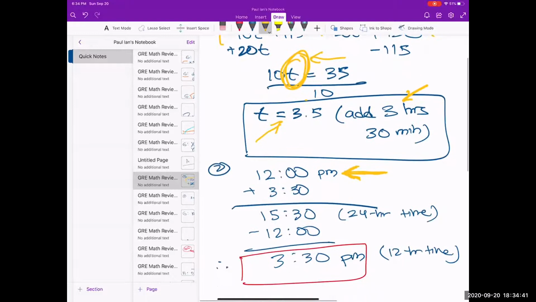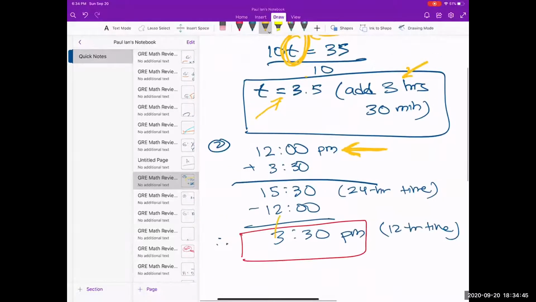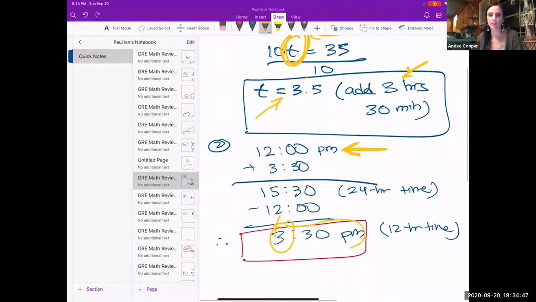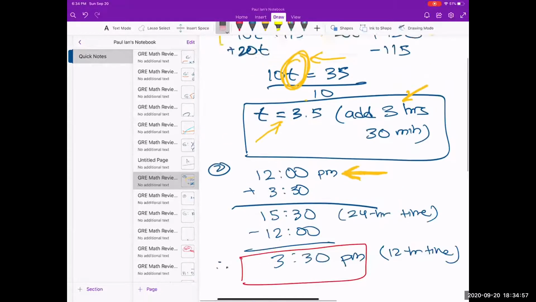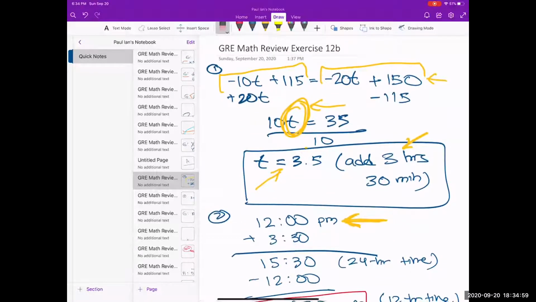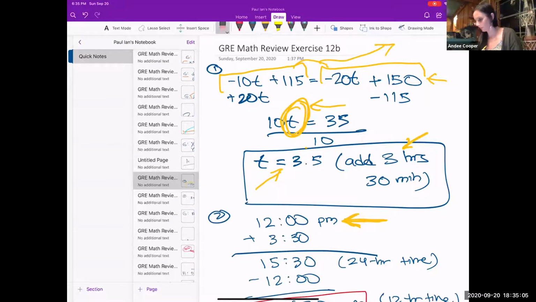But now it's asking you at what time, so you just have to translate 3.5 to time, which is 3:30. That's pretty much what it's asking you. Probably equating these two is what you had to do. But it's not that bad.